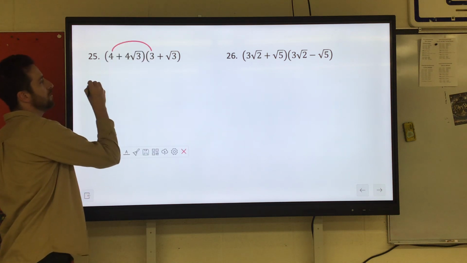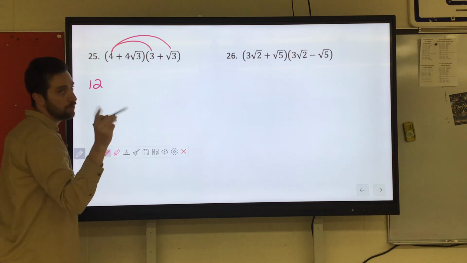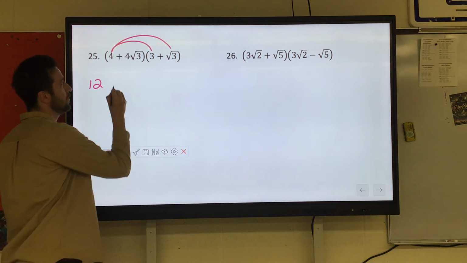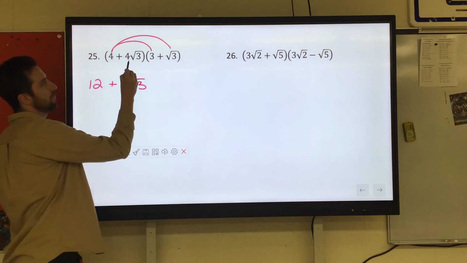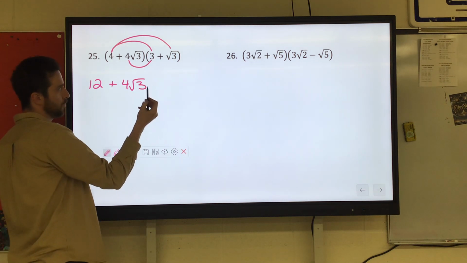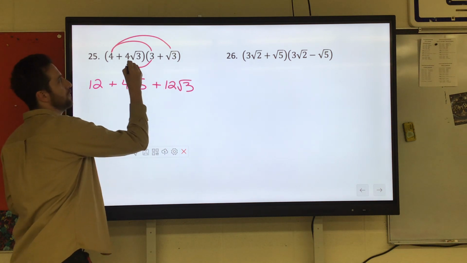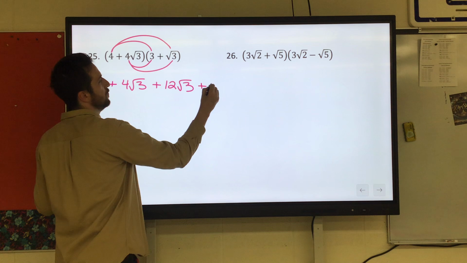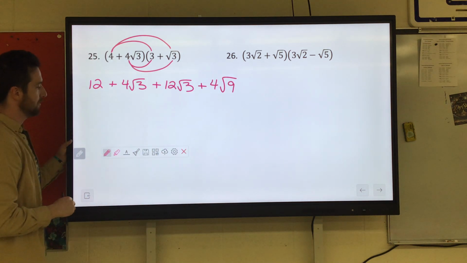4 times 3 is 12. 4 times root 3 is just 4 root 3. Inside, 4 root 3 times 3 would be 12 root 3. And then 4 root 3 times root 3 would be 4 root 9. Let's clean some stuff up.